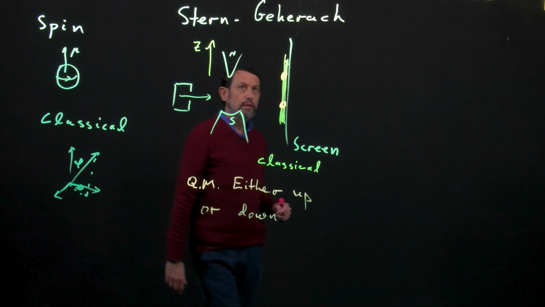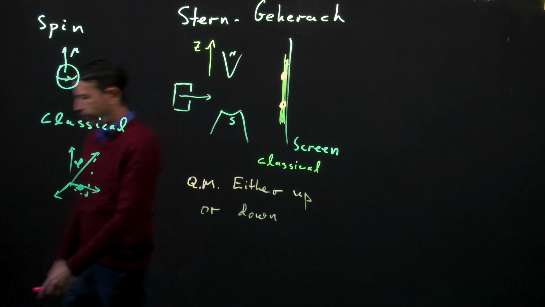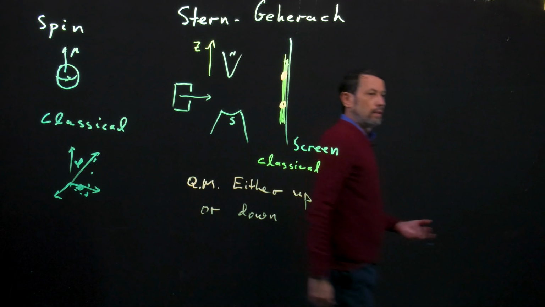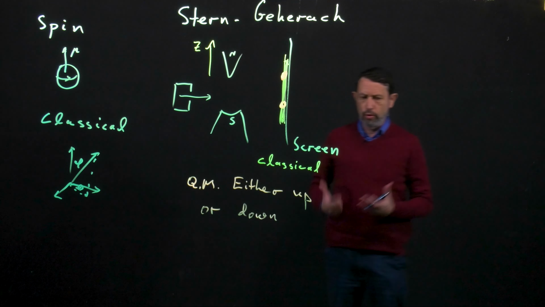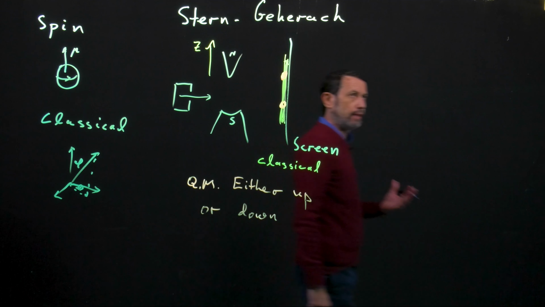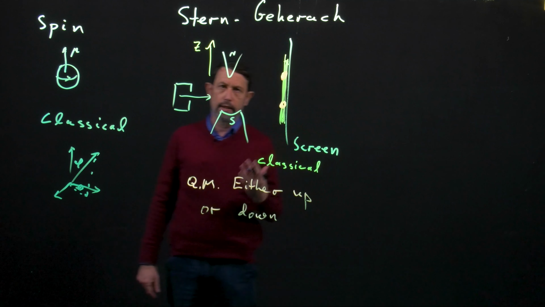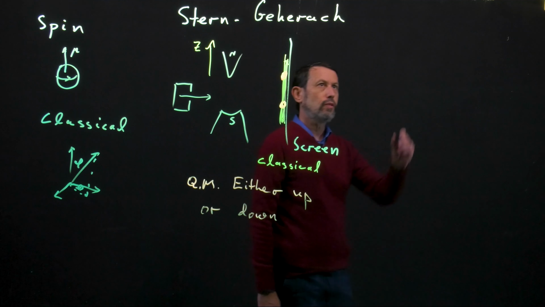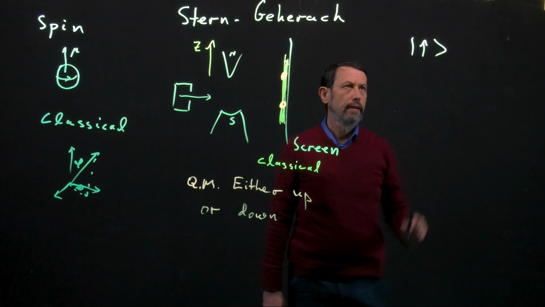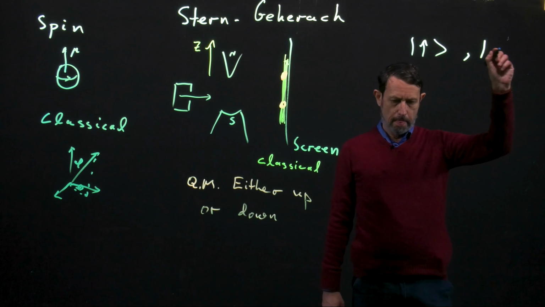Okay, so how do we write down quantum mechanics for this system? Well, we have only 2 measurable observations, up and down. Therefore, we have only 2 states in which the system can be. Either the system is up in the z direction, or it's down.